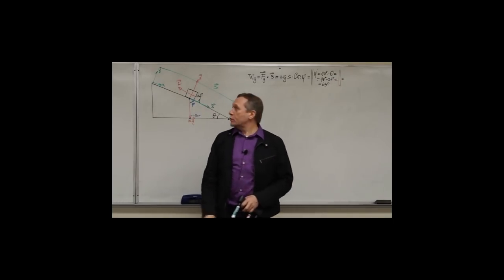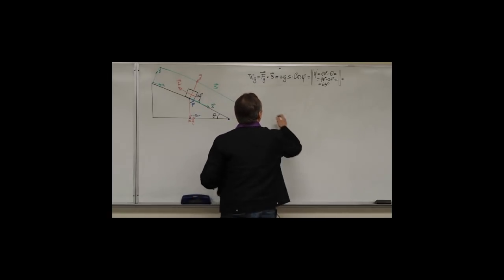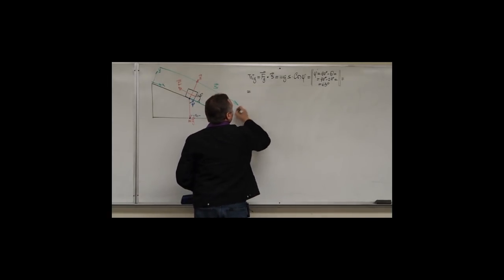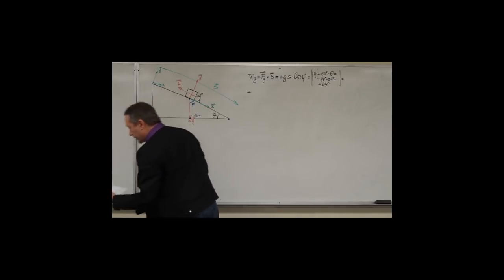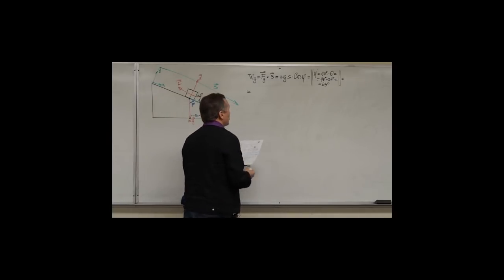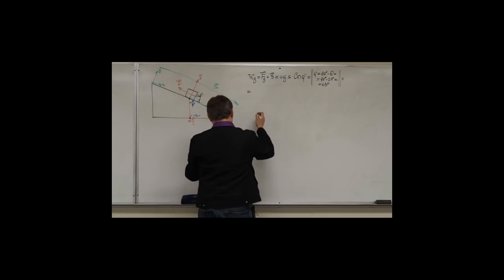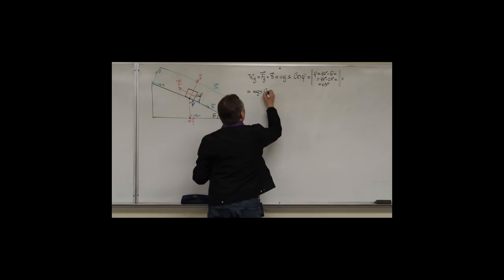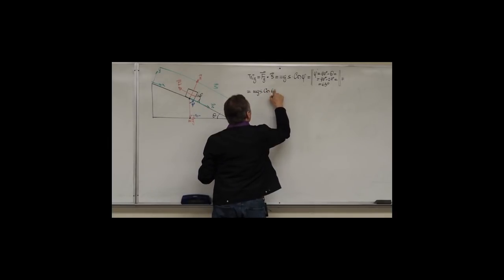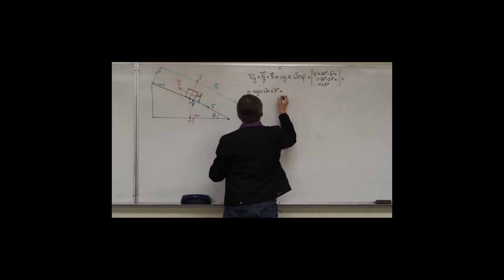Now, if you put in all the numbers, I'm not going to do it, I will just write down the answer. Everything is given, displacement is 3.9, and so on. So, mg cosine of 63 degrees.